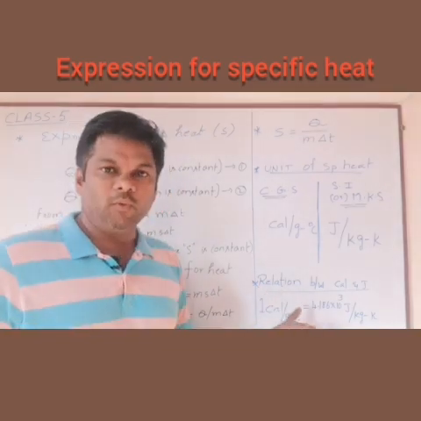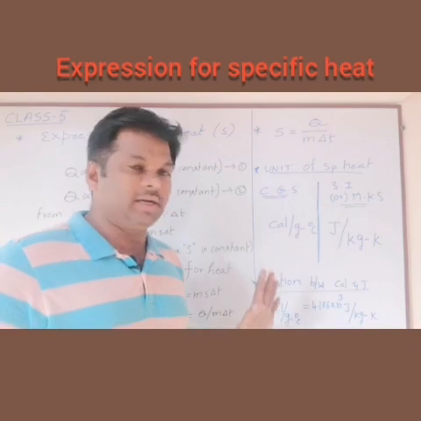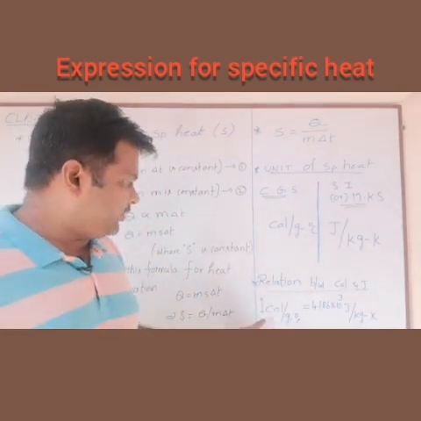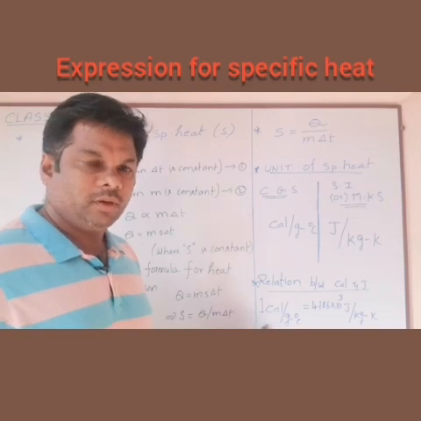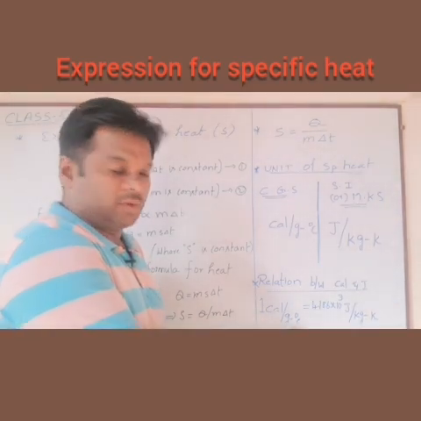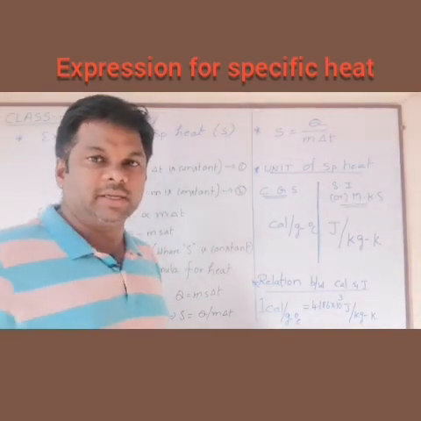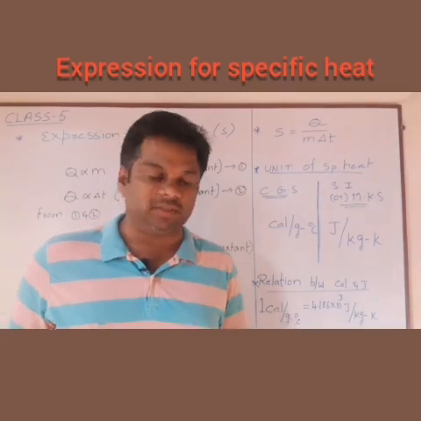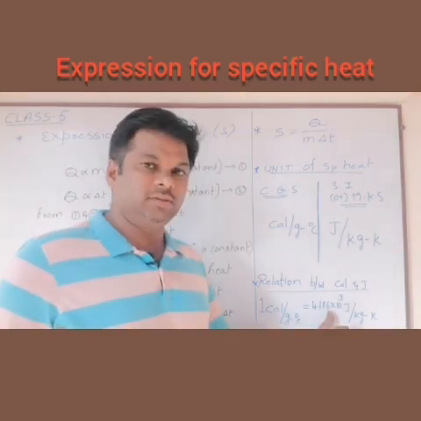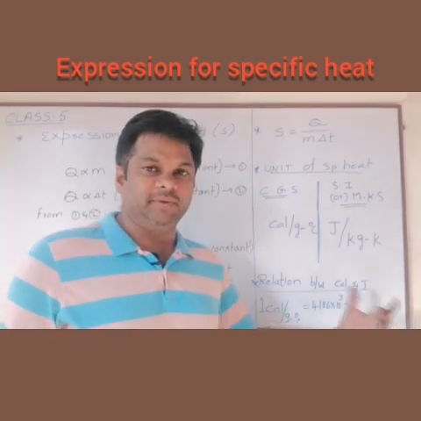Now, what is the relation between the CGS unit and the SI unit? The relation is, 1 calorie per gram degree centigrade can be written in joules as 4.186 into 10 to the power of 3 joules per kg Kelvin.